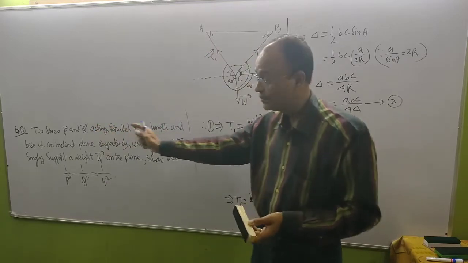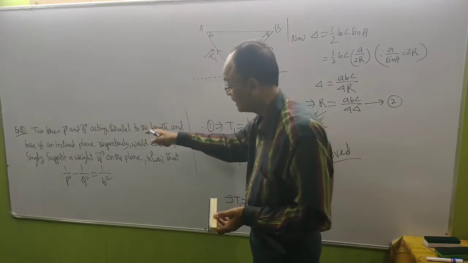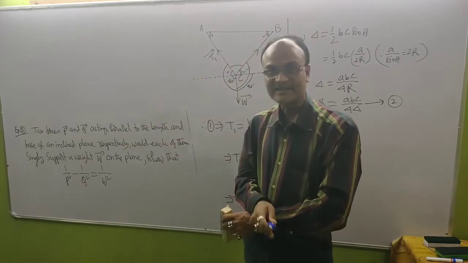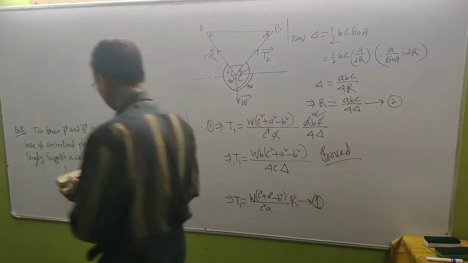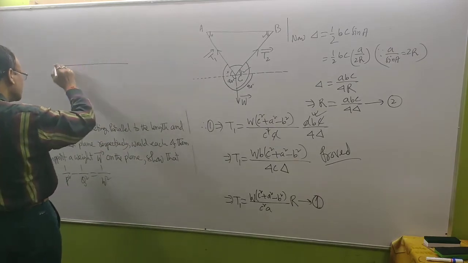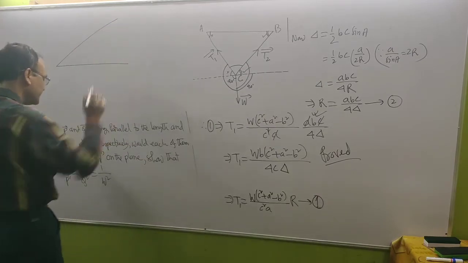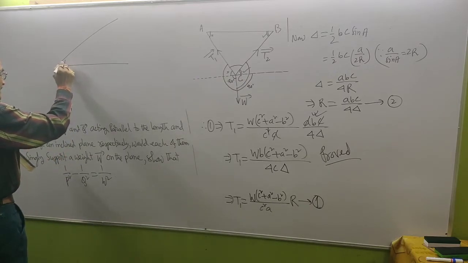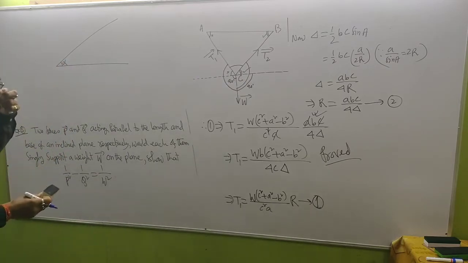Two forces P and Q act parallel to the length and base of an inclined plane, the inclination being alpha to the horizontal.